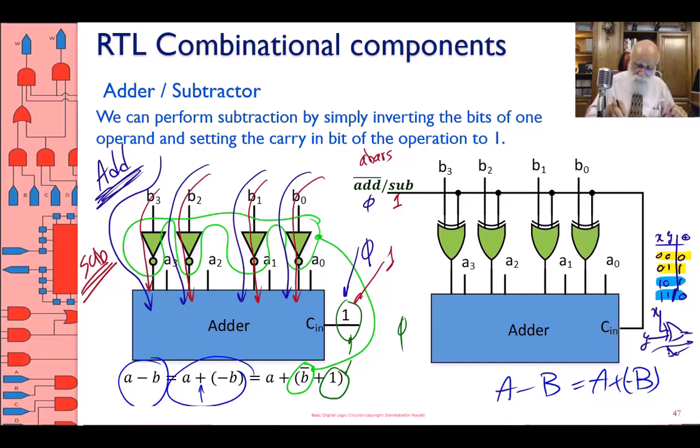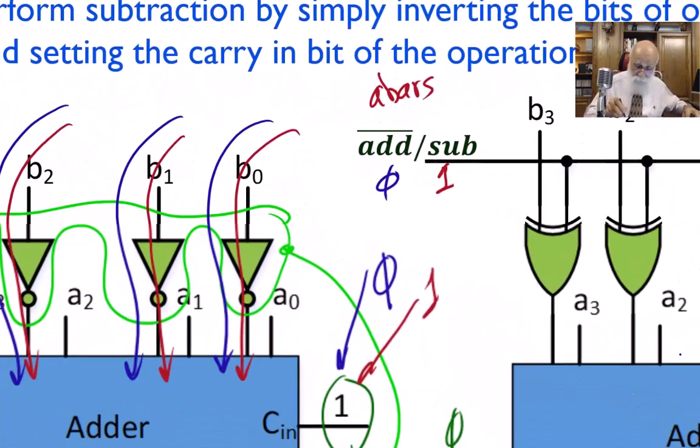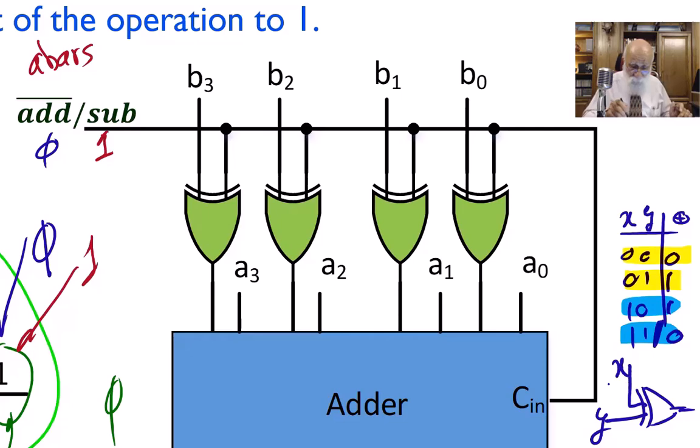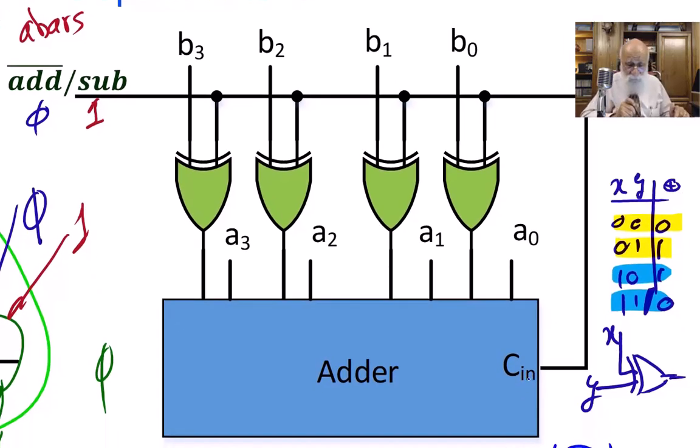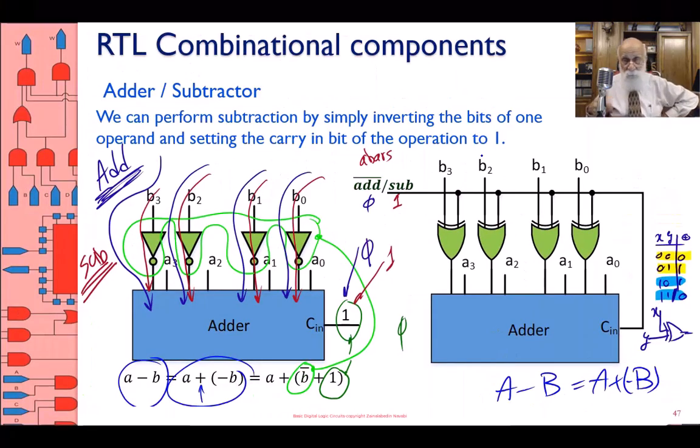So this is X and Y, that X controls whether Y is going to be complemented or not. Which is exactly the way I'm using the XOR for complementing or not complementing B. What I've done here is not only the adder, I also showed you an adder subtractor.